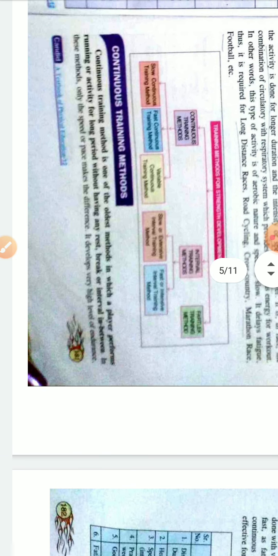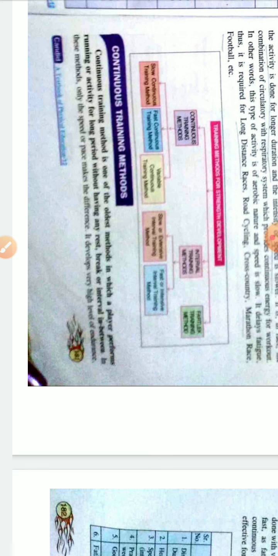Let's first discuss continuous training methods. Continuous training method is the old method in which the player performs exercise or activity for a long period of time without having any rest, break, or pause in between. Okay, continuous means doing the activity continuously without any break.